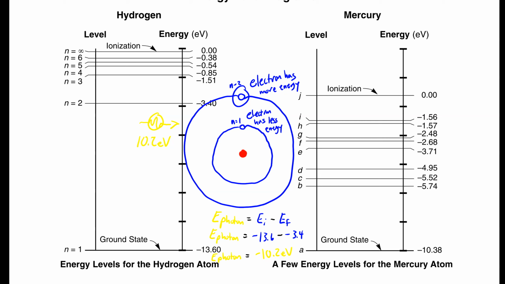It has a lot of energy compared to this. It has more energy, and then it jumps down to a lower energy level, and the electron loses energy. Where does that energy go? Does it just disappear from the universe? No, what happens is a photon is emitted. So now the photon is leaving.